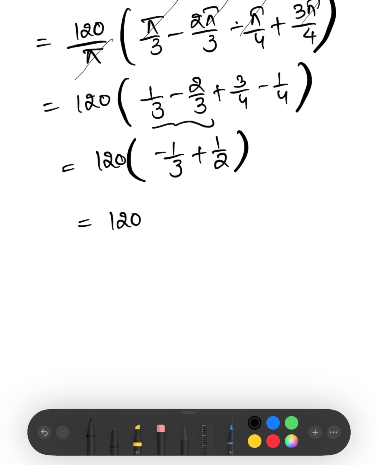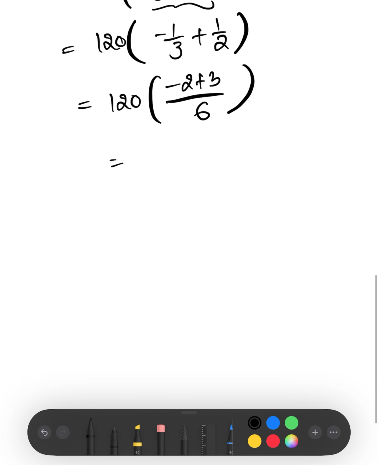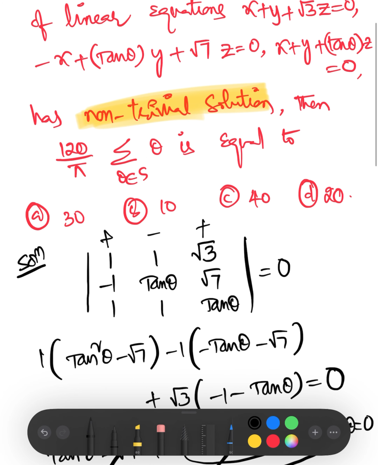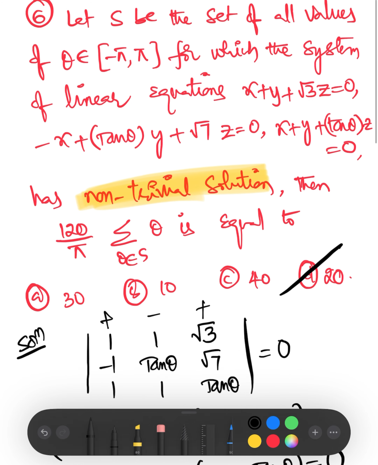So that is 120 into, sorry, with common denominator 6, minus 2 plus 3, so 1 by 6. Clearly 6 twenties are 120, so 120 into 1 by 6 is equal to 20. So our answer is option D.